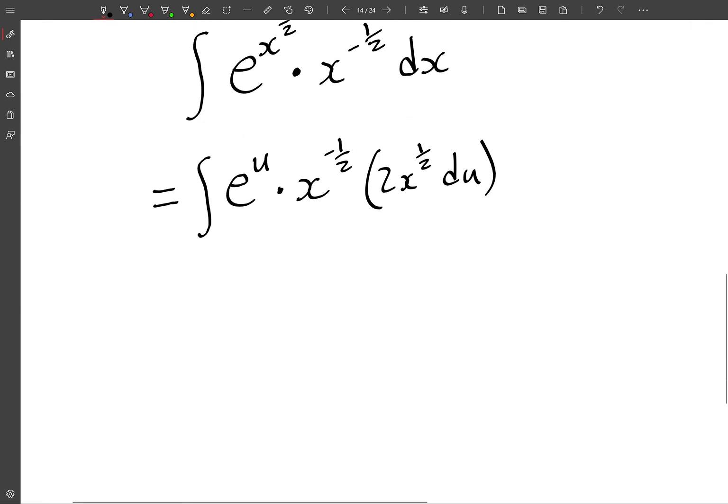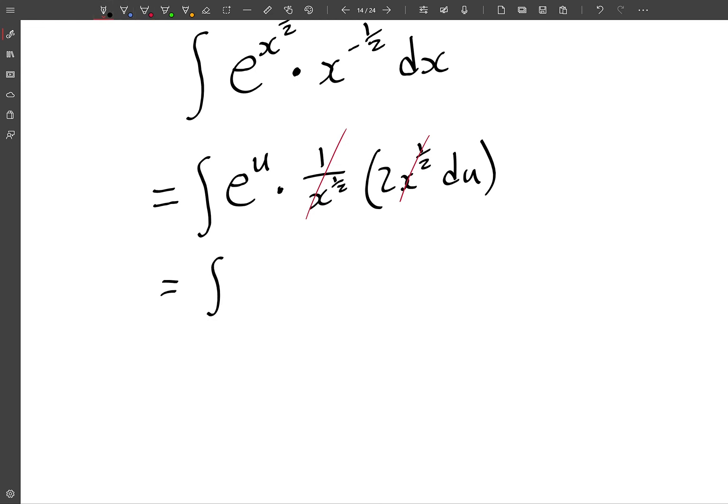Now remember, since this is -1/2, that means it's in the denominator, so these two actually cancel. Not the 2 though, just these things. Again, you can rewrite it as 1 over x to the 1/2 if that helps. In fact, I will do just that, just to be extra clear. So these cancel out really nicely.